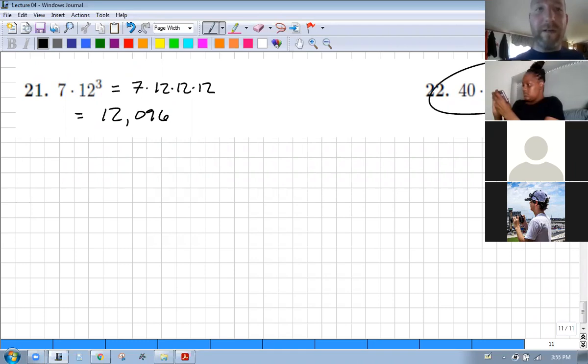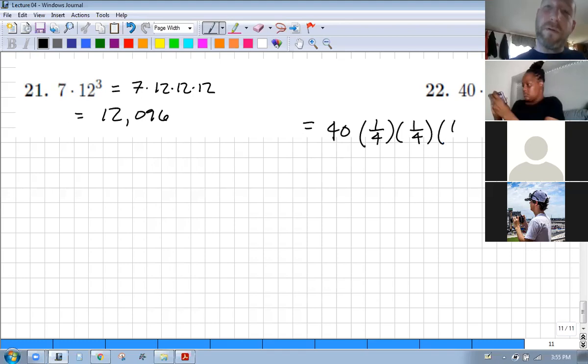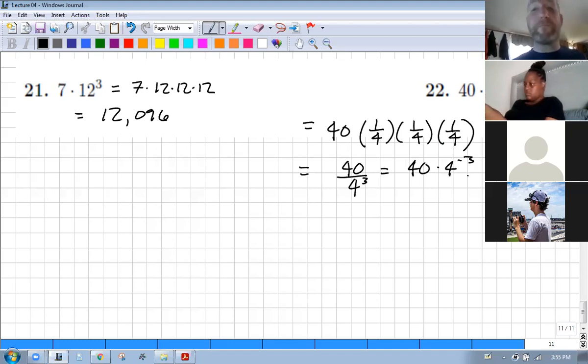So this guy over here, we have 1/4 cubed. So we're multiplying this by 1/4 over and over again, which can also be written like this, which can also be written like that, the negative exponent.